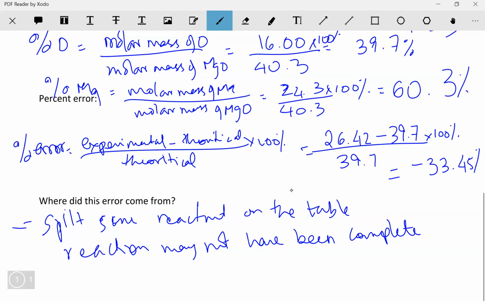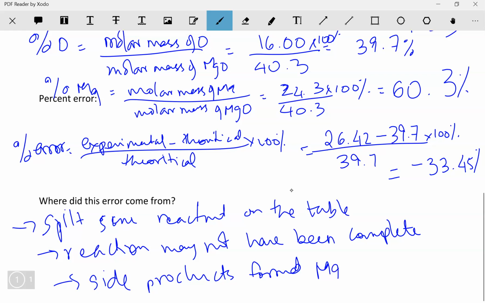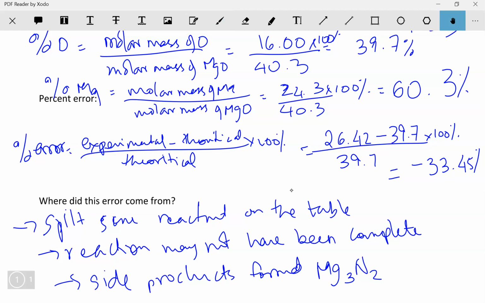There are many reasons for the error, or there could have been side products formed, such as magnesium nitride, which is a common side product formed during the burning of magnesium. Instead of magnesium oxide, you get magnesium nitride because there's a lot of nitrogen in the air. So those were some of the sources of error.